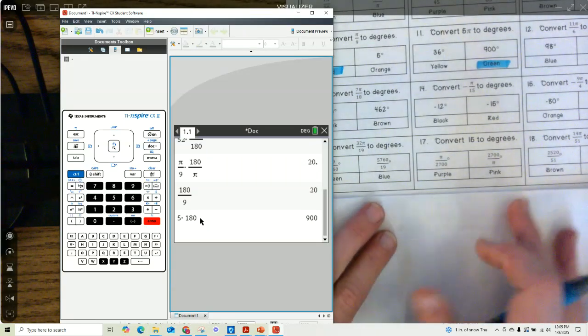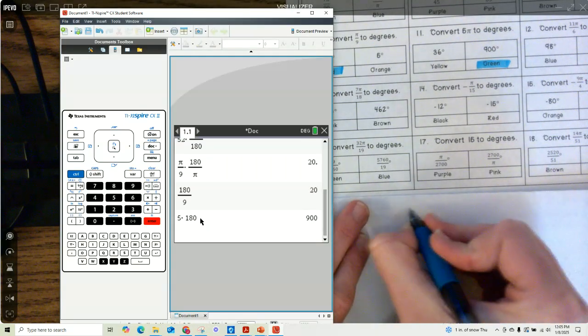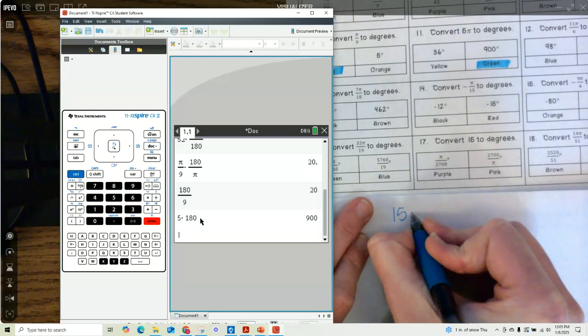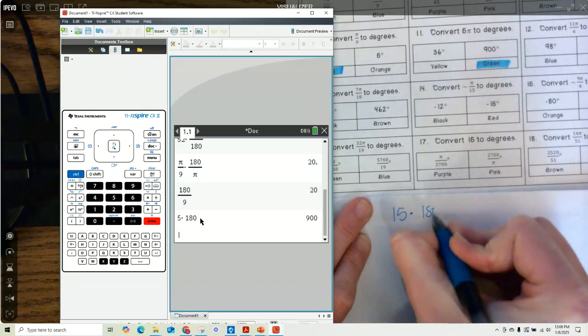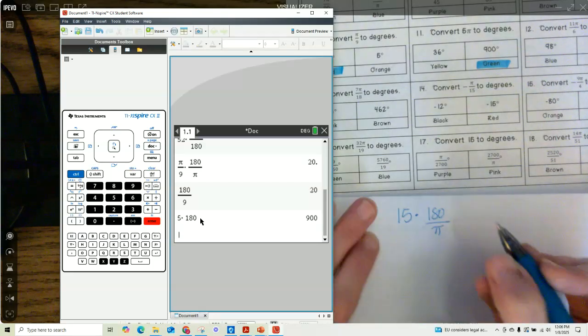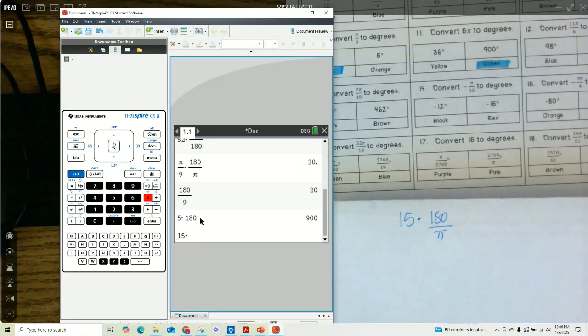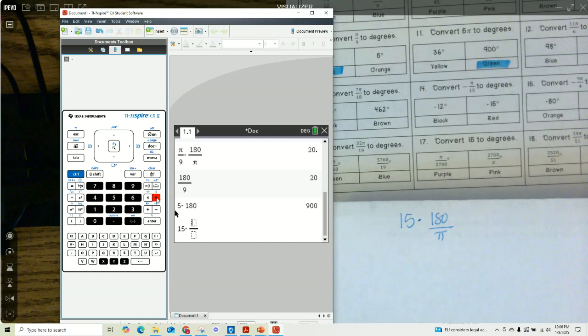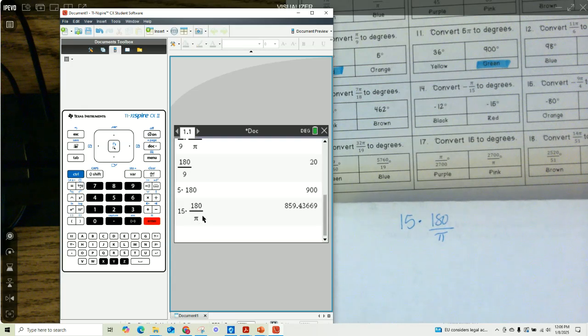We still do it, even though there's no pi symbol in it, we would still do 15 times 180 over pi. You can type the whole thing in the calculator if you want, because there's not really anything that's going to cancel out. And we get something gross.